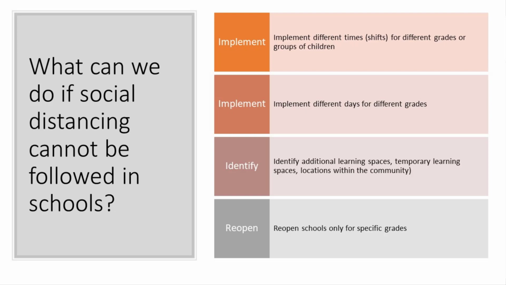Some of the innovative ideas that we also need to encourage are for district education officials, head teachers at the school level, and teachers to identify the learning spaces that are additionally available.